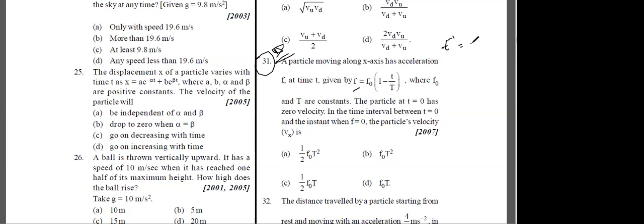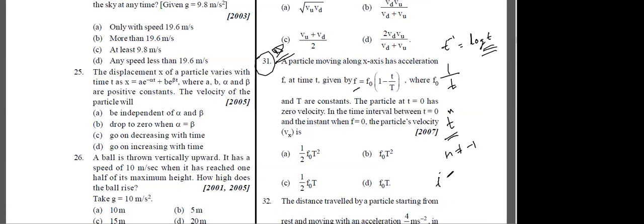No. Log t, right? 1 by t integration is log t. This is the exception. That's why I asked this, that when you talk about the t to the power n formula, n should not be equal to minus 1. Why?